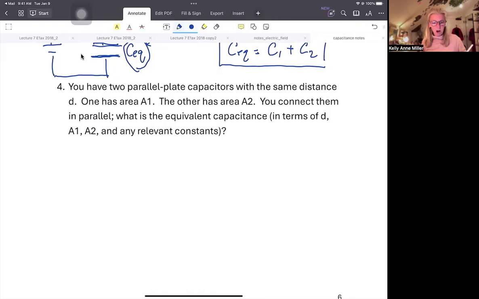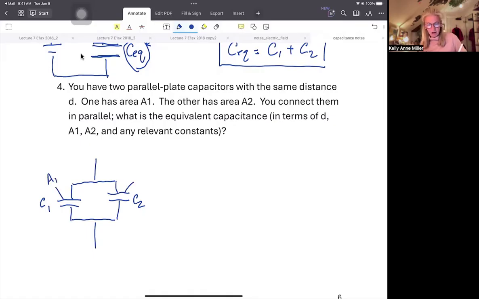Let's draw out this configuration. I've got capacitor 1, and I connect it in parallel to capacitor 2. So this is C1 and this is C2. The area of that plate is A1, the area of that plate is A2, and they have the same separation, D, the same distance between the two plates.